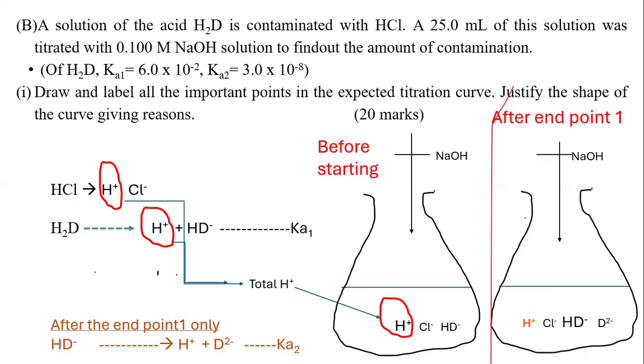Although it's the H plus of HCl which starts the reaction first, H plus of H2D is not going to wait until that H plus is over. So they are reacting together. Okay? So what is happening now? What is the initial pH?